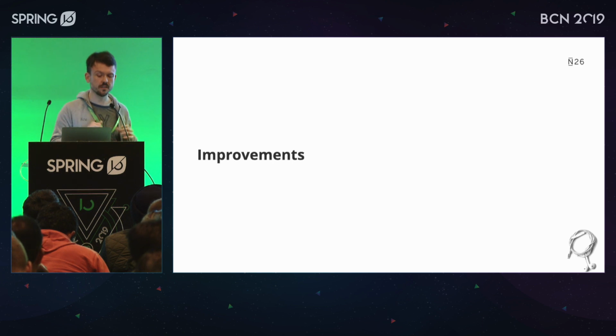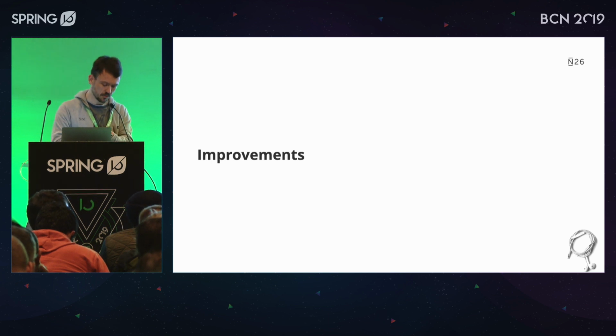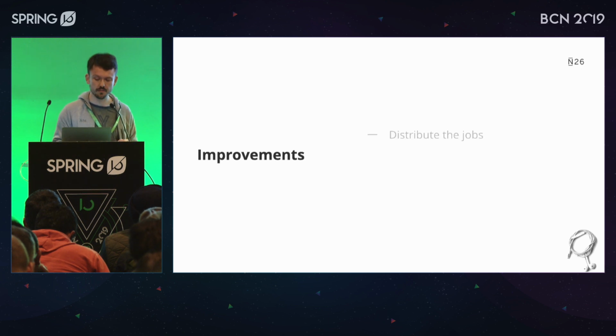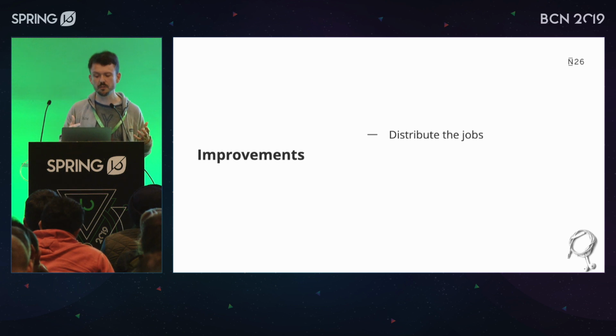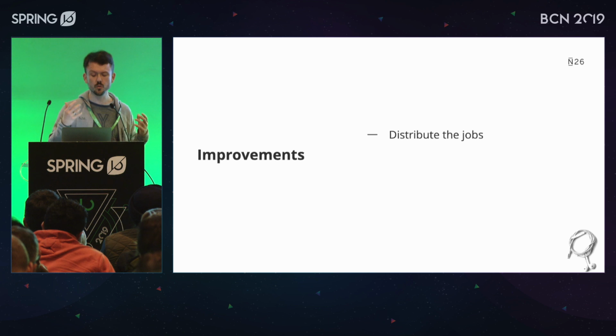Talking about different solutions, we also always want to talk about some improvements. What could be handled better? The first improvement that we were thinking about is that maybe we can distribute the jobs. If the amount of items to process is suddenly growing, maybe we should handle this with multiple nodes at the same time.